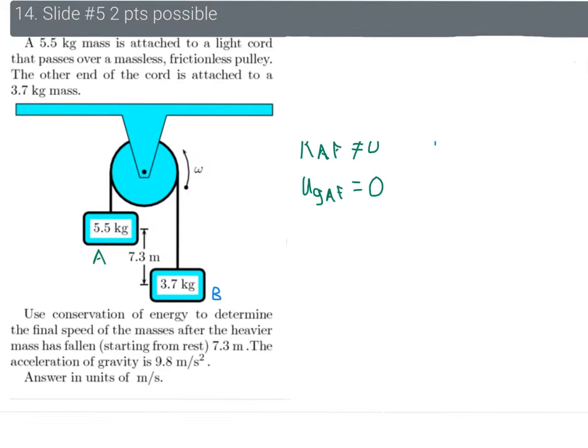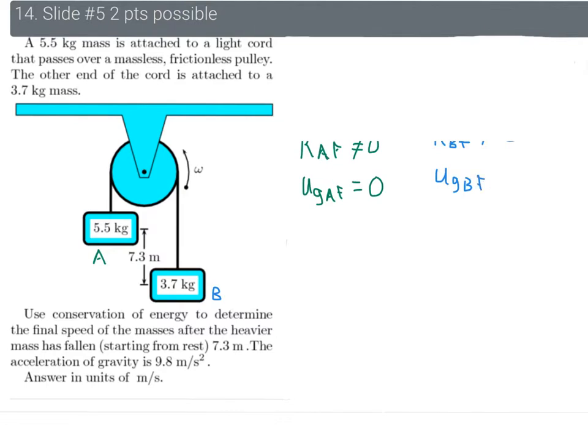We have the final kinetic energy, KB final, and it's going to be moving now, so that's not equal to 0. And then we're going to have its final potential energy, so we have UG for B, but this is the final one.